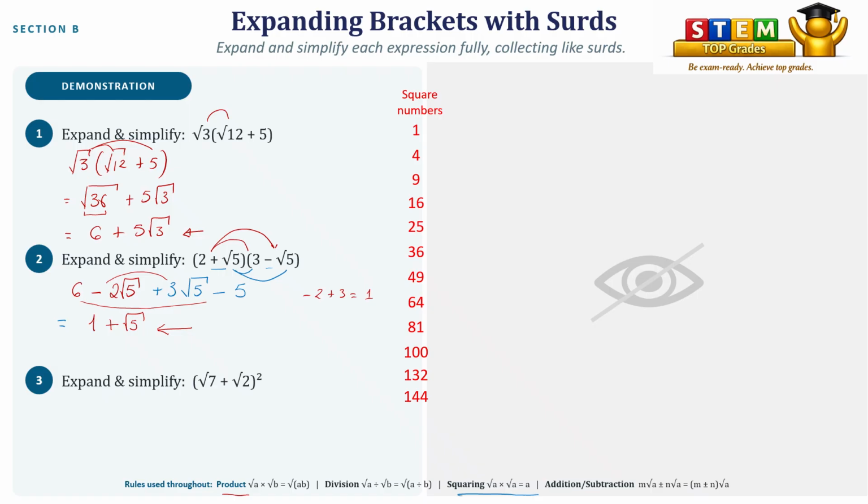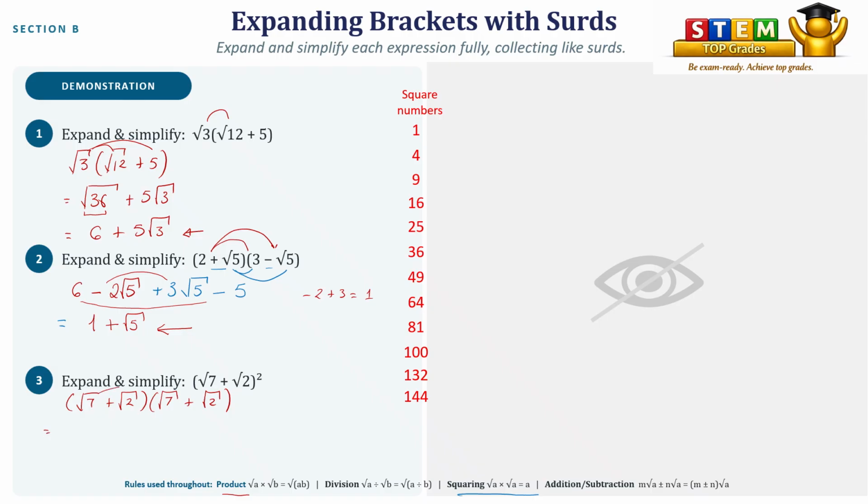Next example is when you're squaring brackets. So here is how it works. So we're going to get root 7 plus root 2 multiplied by itself. Root 7 plus root 2 bracket, close brackets.